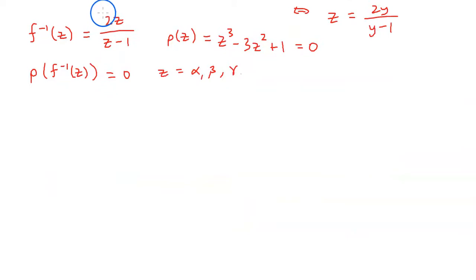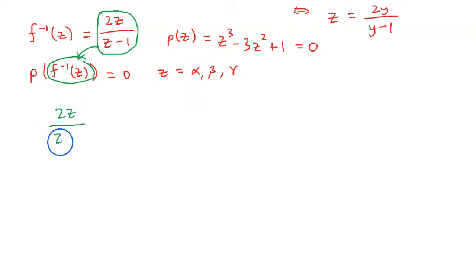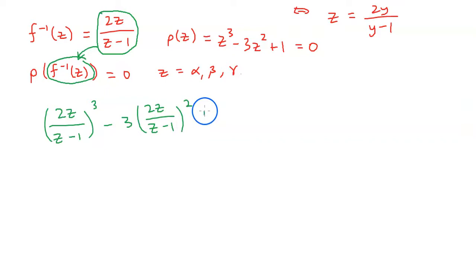So that means if we substitute this into our polynomial, then we are good. So let's go ahead and do that. We got 2z divided by z minus 1 cubed minus 3 times 2z divided by z minus 1 squared plus 1 equals 0.